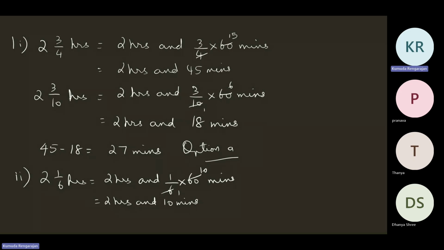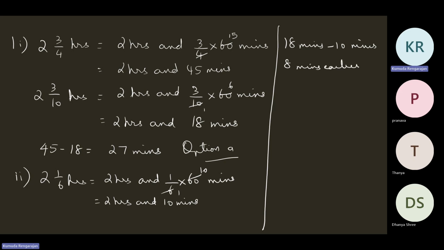But they're given as a fraction there. So 18 minutes minus 10 minutes, 8 minutes earlier. To convert minutes to hours, you divide by 60, 8 by 60. So 4 twos are 8, and 4 fifteens are 60. So 2/15 hours.